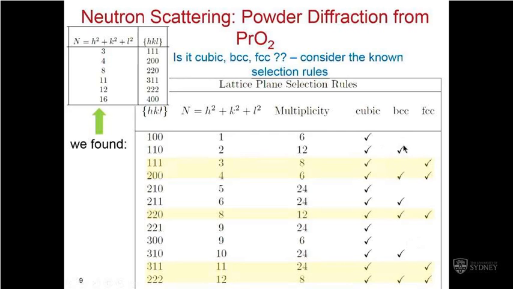We have got 1, 1, 1 and 2, 0, 0, 2, 2, 0. And this is exactly where we should get the intensities for the FCC. Okay? So only these ticks, only these intensities do we actually get measured spots on. So that tells us we have the FCC structure from these selection rules.